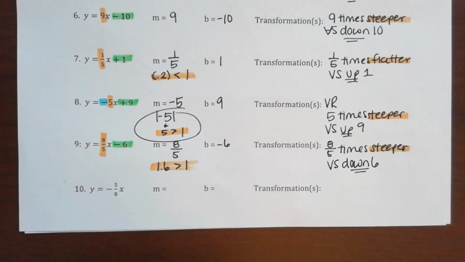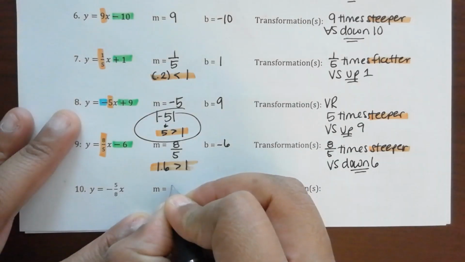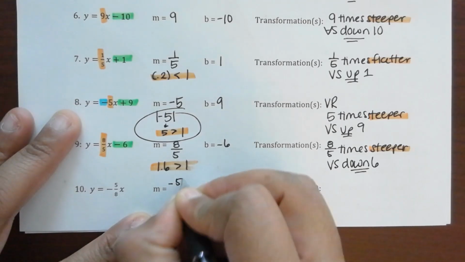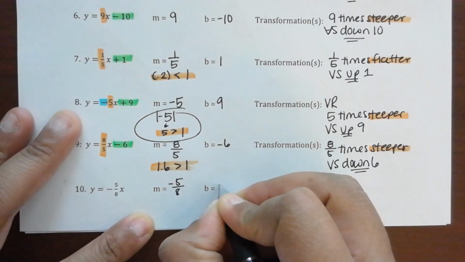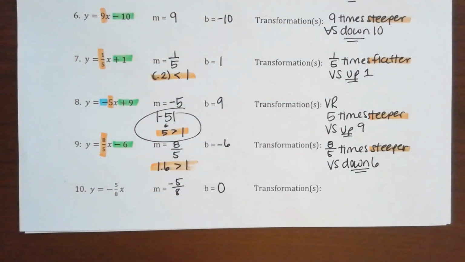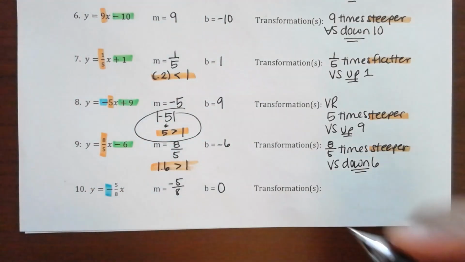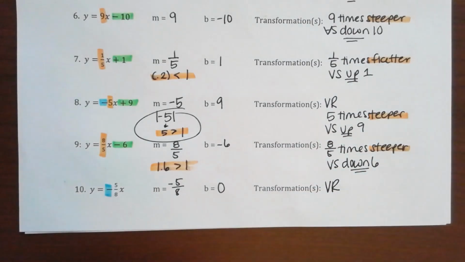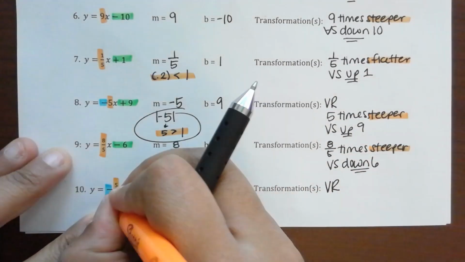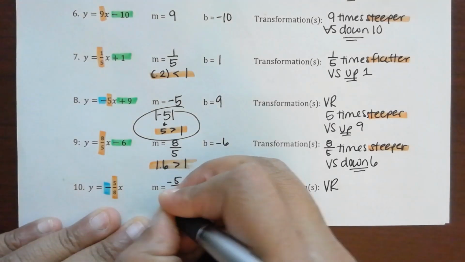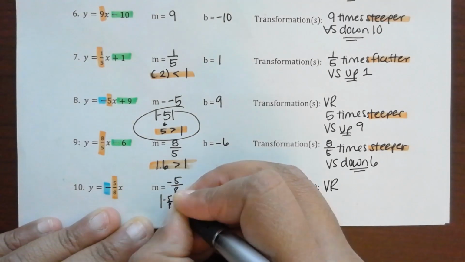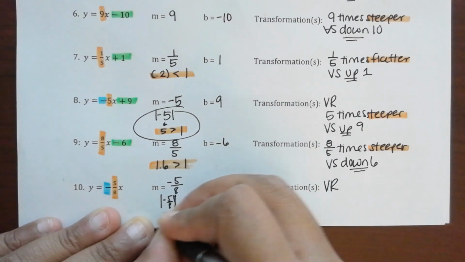Looking at 10. I have y equals negative 5/8 x. Well, what's my slope? I'll always start that way. Negative 5 over 8. What's my b? How many transformations do I see? What's the first one? Yes, because of what? And then we take the absolute value of negative 5 over 8, which gets us 5 over 8.